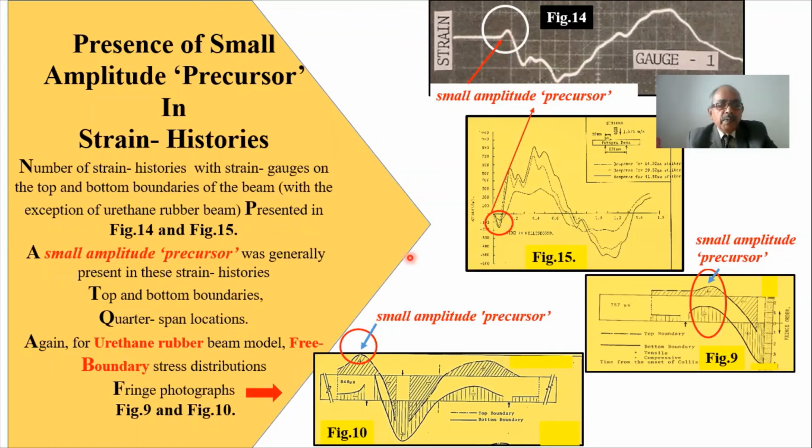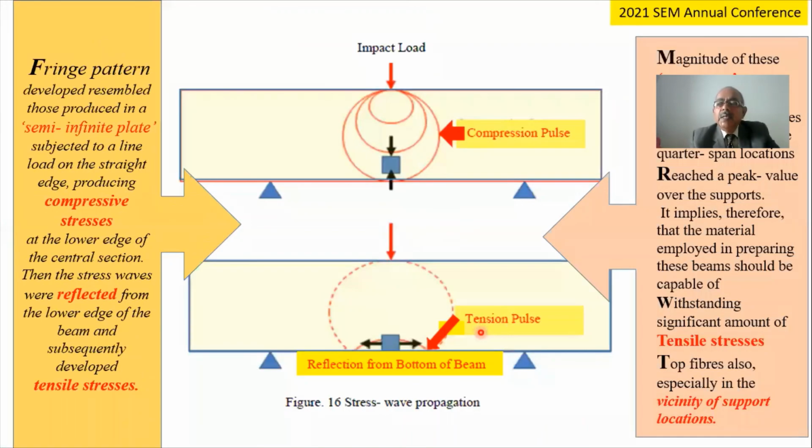In the case of the urethane rubber beam, the free boundary stresses, which are shown in figures 10 and 9, also indicate a rise in tensile stress on the top as well as the bottom boundary. So this shows as a small amplitude precursor, such that the material which has a fringe pattern is going to give us a semi-infinite plate behavior.